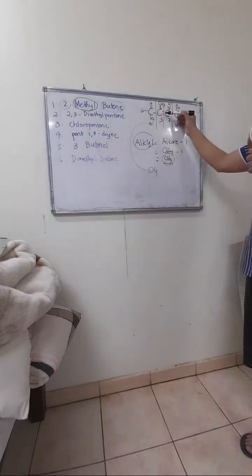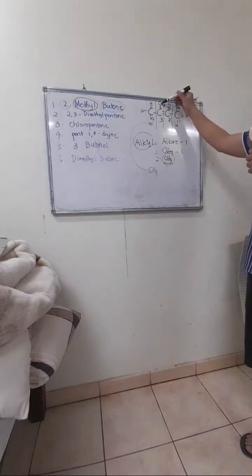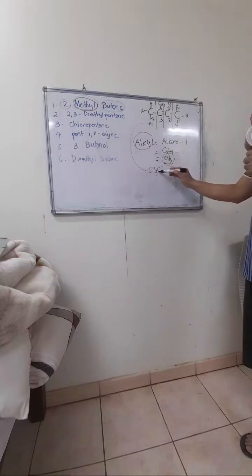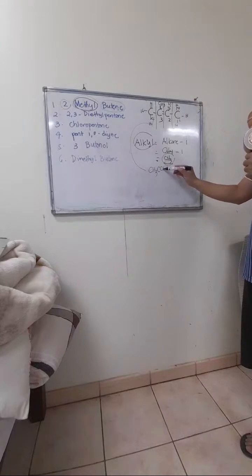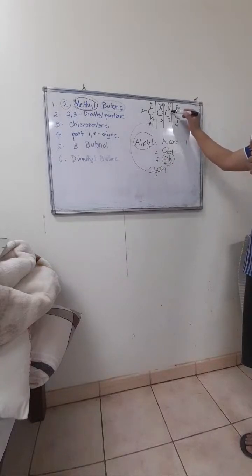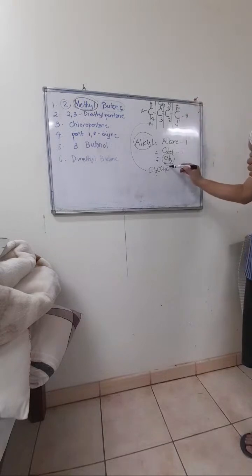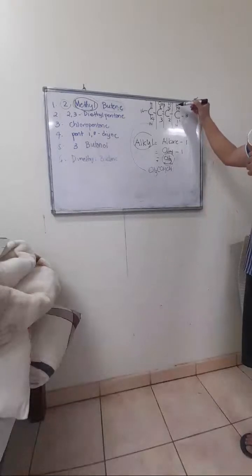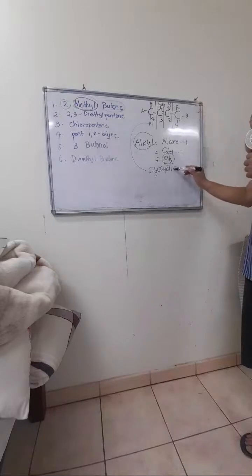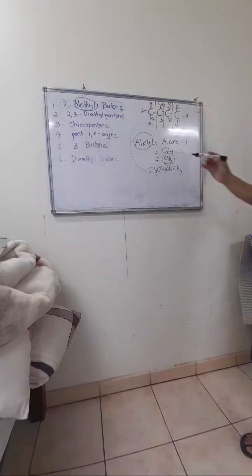For part 2, it's the parent carbon C, then the attachment CH3 at the top. In part 3, we have CH only, correct? And part 4, CH3. So it's CH3, C, CH, CH3.